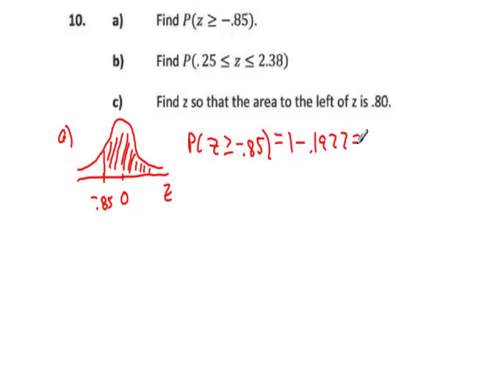So subtracting these off, we get our answer, which is 0.8023. So remember, for your exam, any greater than or equal to problem, always use the complement rule.